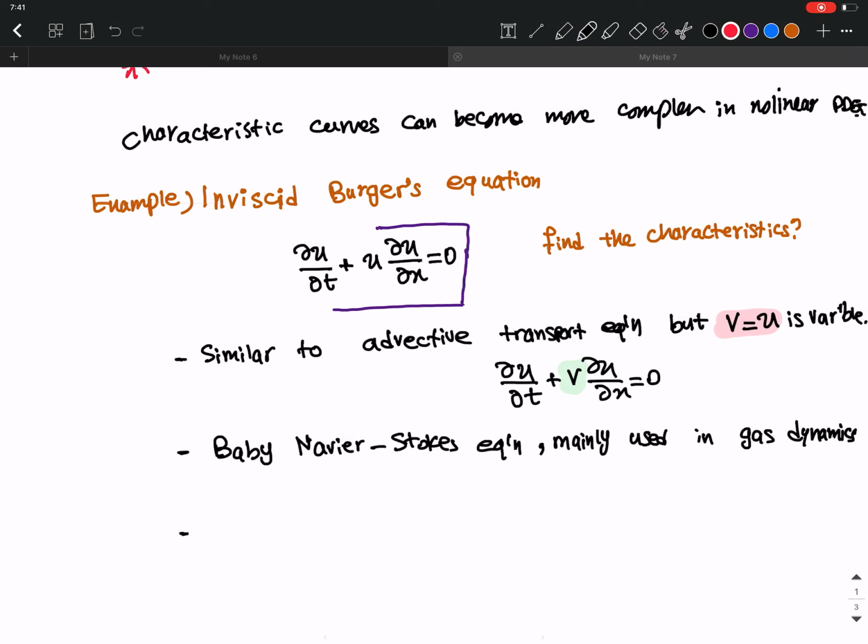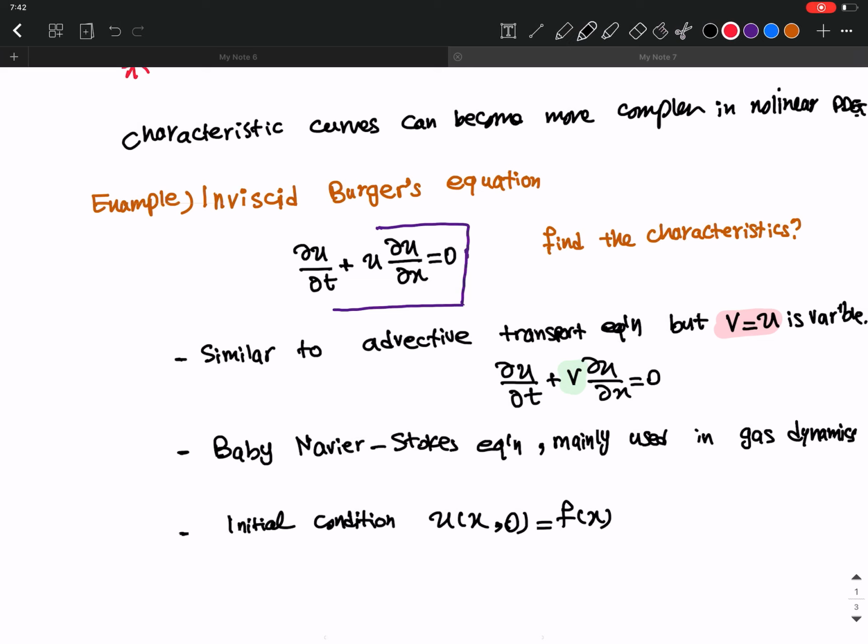Then I want to talk about the initial condition. The initial condition for this is given as u(x, 0) equals to f(x).